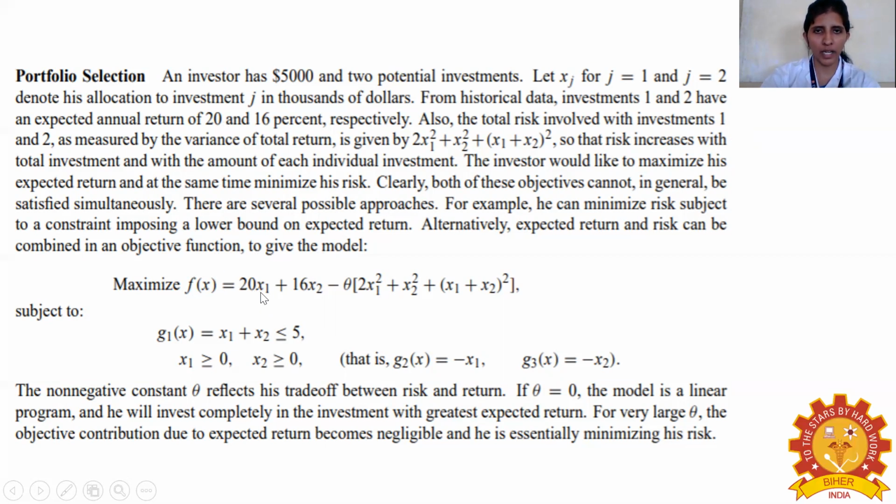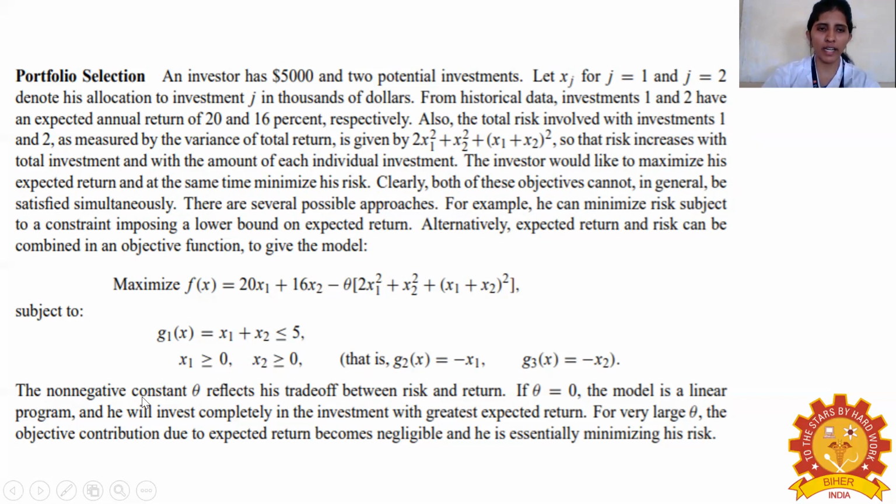So 20x1 plus 16x2 minus theta times the quantity 2x1 square plus x2 square plus x1 plus x2 the whole square. So then we are subtracting a penalty term. Okay, subject to g1 of x equal to x1 plus x2 less than or equal to 5, and x1 greater than or equal to 0 and x2 greater than or equal to 0.